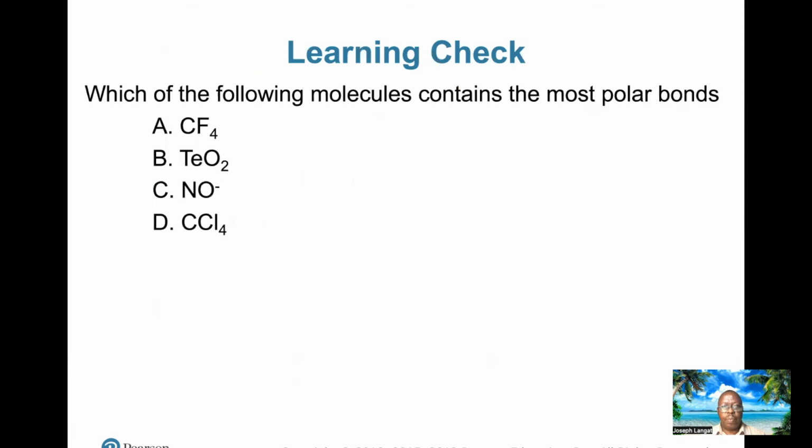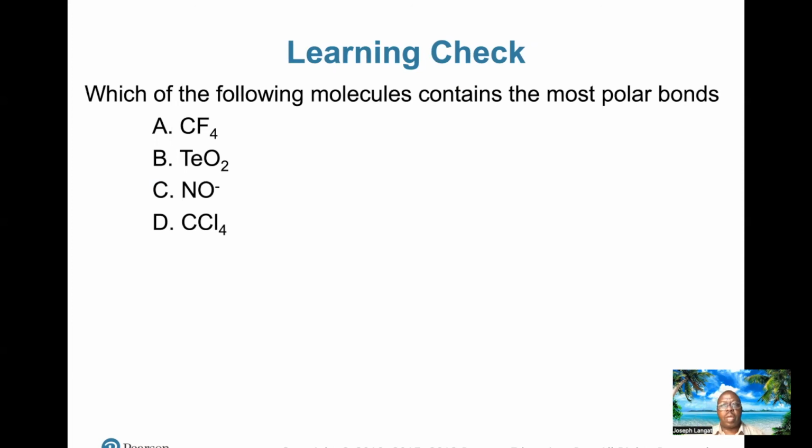Which of the following molecules contains the most polar bond? By just looking at the elements in all these, fluorine is the most electronegative, and the correct answer there is A, the most polar. You have to look at where the elements are on the periodic table.